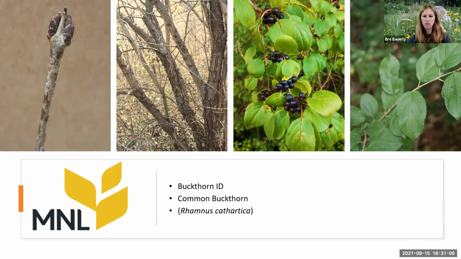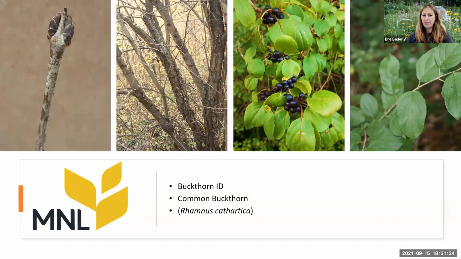It can look a lot like cherry. It can look a lot like a few other of our native species here in Minnesota. So it's really important to get an idea of what it looks like. You can even go around during the active growing season and tie ribbon or flags on some of the larger buckthorn to plan to cut later in the year.